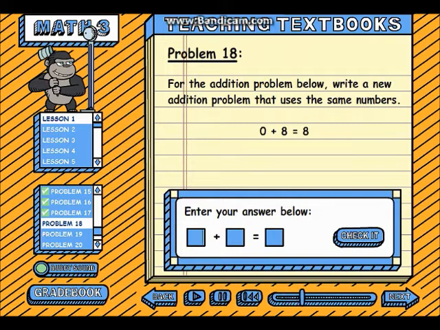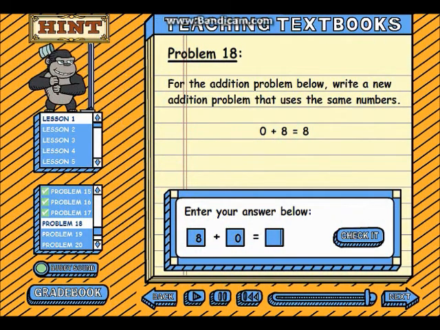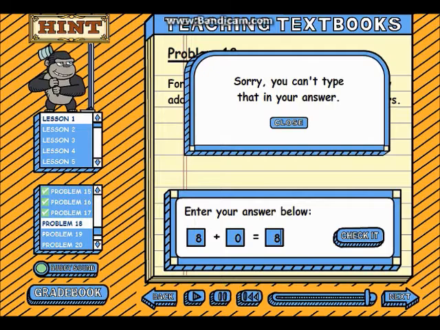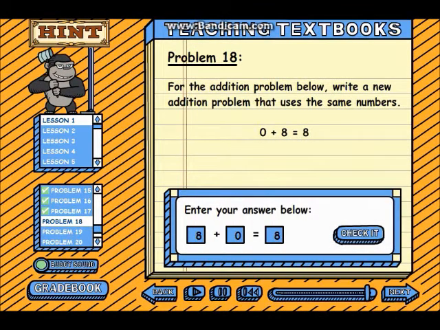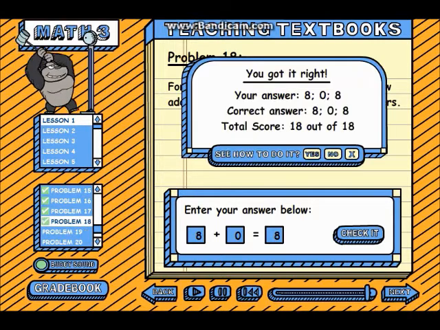For the problem 0 plus 8 equals 8, write a new addition problem that uses the same numbers. Time out for a hint. You did.